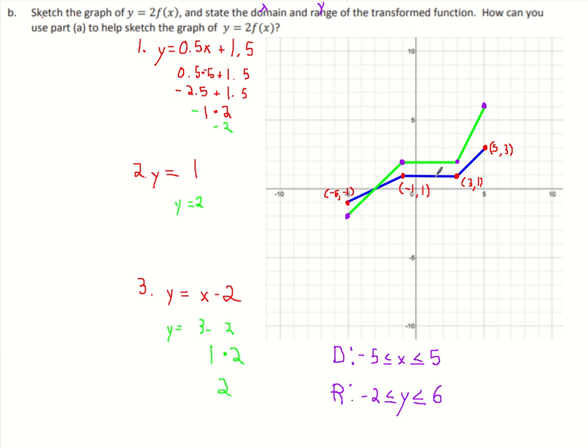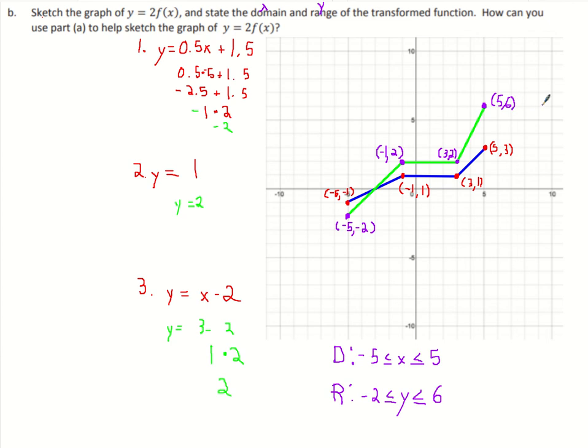So we've got the two endpoints, and we've got where it swaps between the different pieces. Well, what are the coordinates of this point? This point is going to be -5, -2. This point over here is going to be -1, +2. This one is going to be +3, +2. This one is going to be 5, 6.